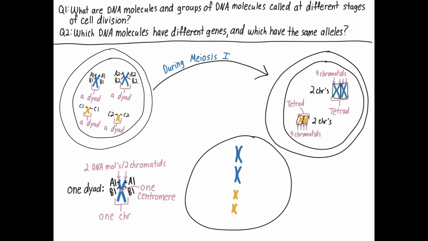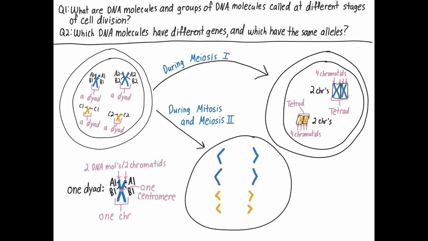Here we have replicated chromosomes 1 and 20. In this picture, we see 4 total chromosomes and 8 DNA molecules. During some types of cell division, sister chromatids of each replicated chromosome are pulled apart.